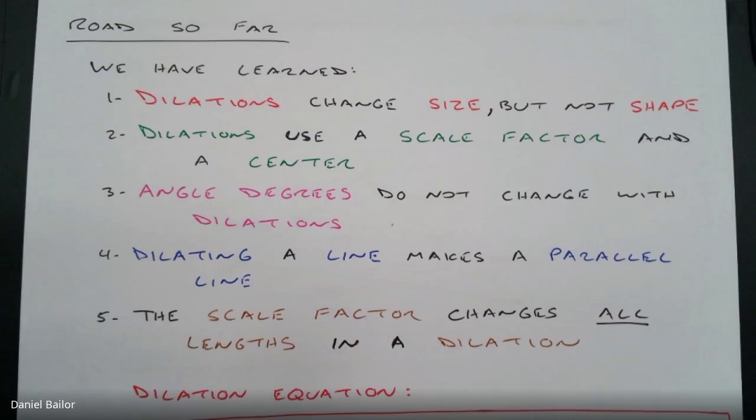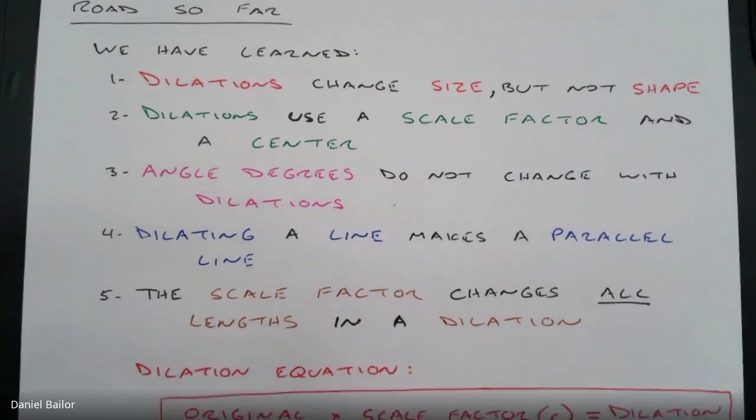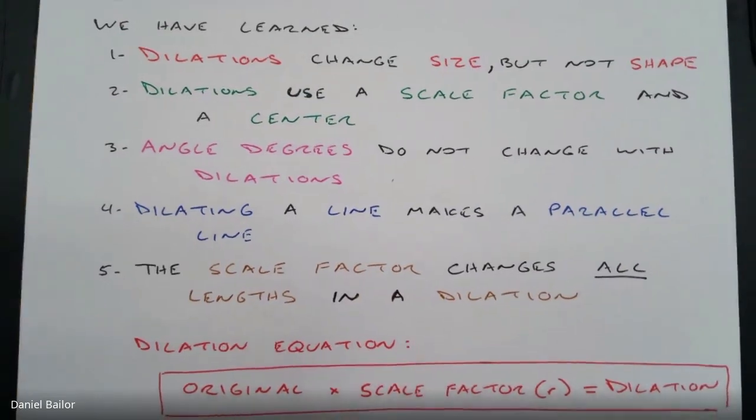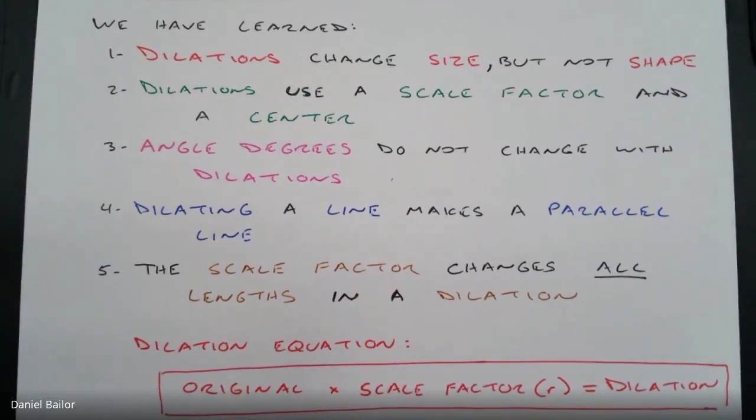Numbers 4 and 5 are the ones we learned yesterday with the fundamental theorem of similarity. Dilating a line makes a parallel line, number 4. When you dilate a line, you just get a parallel line. And number 5, the scale factor changes all the lengths in a dilation. Every length is changed in a dilation.